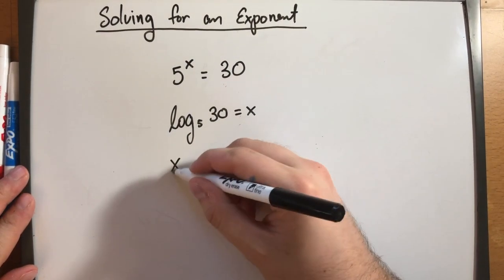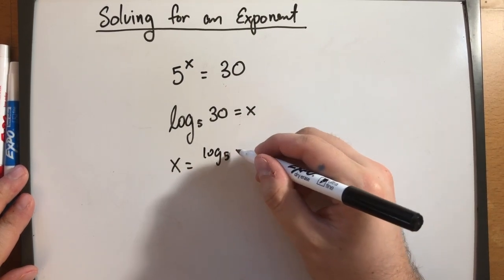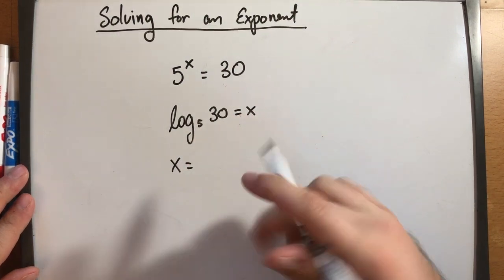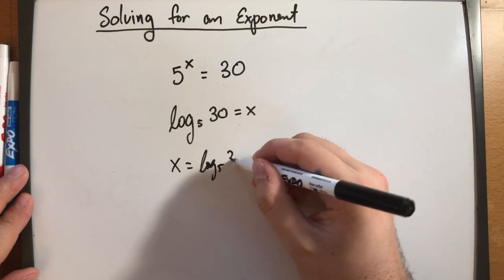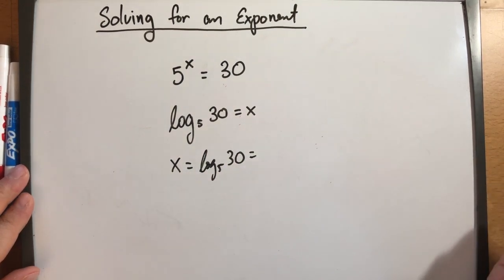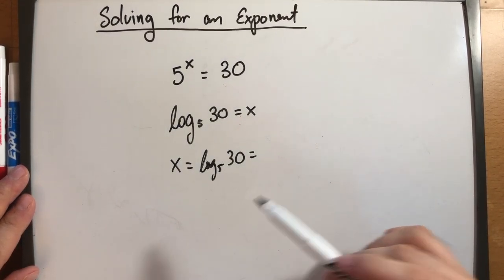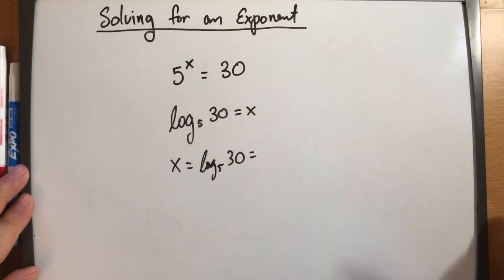So if we're saying here that x is equal to log base 5 of 30, and we want to solve this on a calculator, again, we cannot solve base 5 on a calculator, but we can either use base 10, the common log, or base e, the natural log.